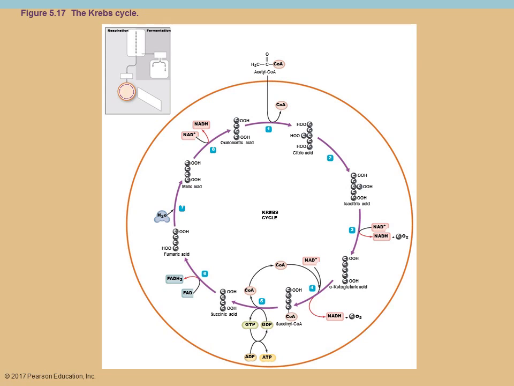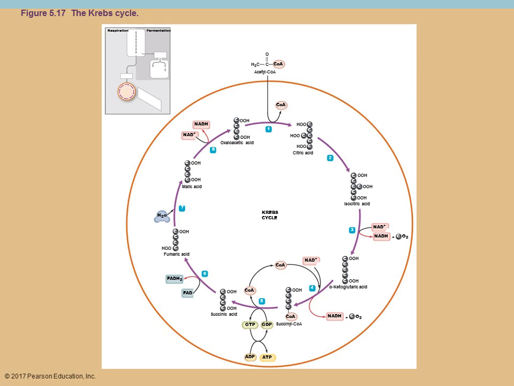It's the first product. From there, you're going to have a slight conversion, shifting things around a little bit, and it's isocitric acid. Then here comes NAD, takes off a pair of electrons. It leaves as NADH. You also have CO2. You take off a carbon, and that leaves as CO2. So we are now left with a 5-carbon compound, alpha-ketoglutaric acid.